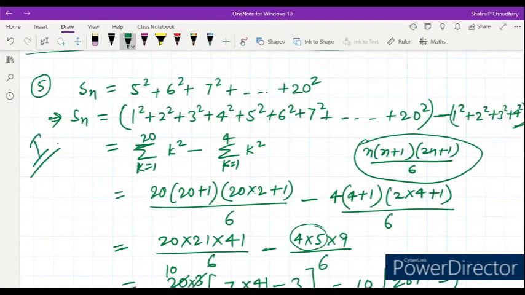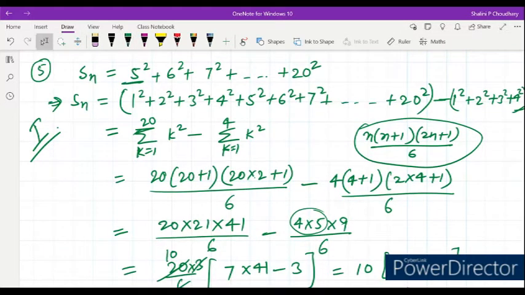Another method: we can start from here. We can find out the value of a n. The first term is 5 square, so the nth term will be n plus 4 square. The first term is 1 plus 4 square, the second term is 6, so 2 plus 4 square.